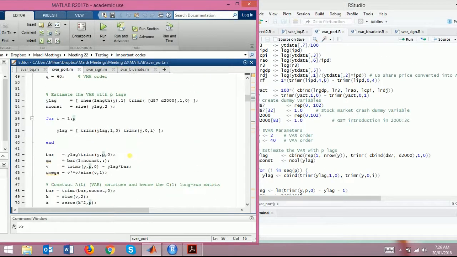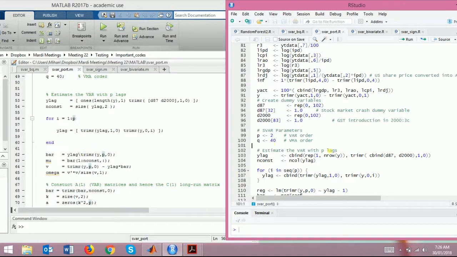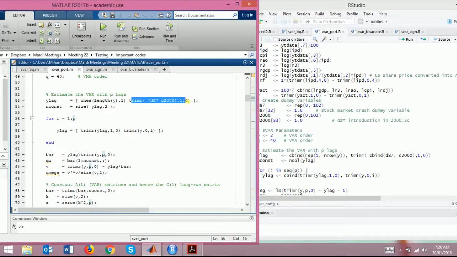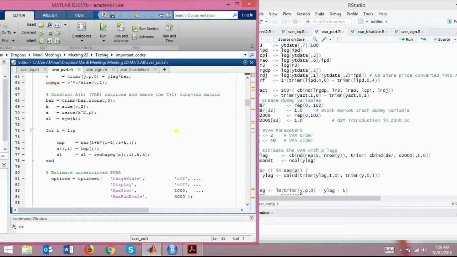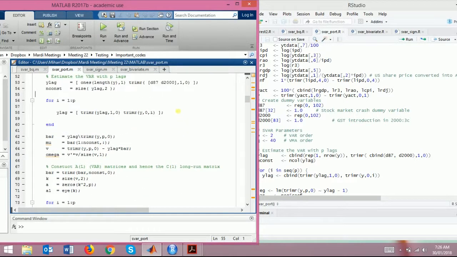So see, lag matrix was not necessary. That proves here, even with dummy variable, it's not necessary. Instead of using lag matrix in Y lag, we introduce the dummy variable. These two dummy variables, we are introducing them. That's the whole thing.